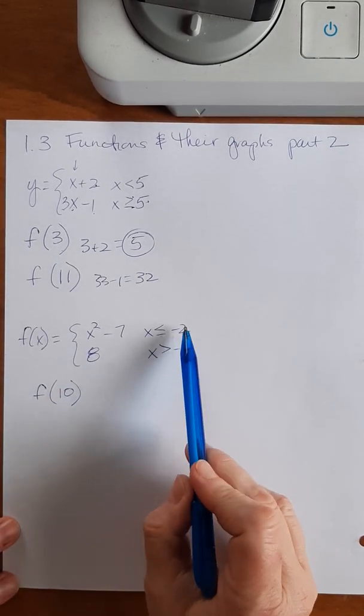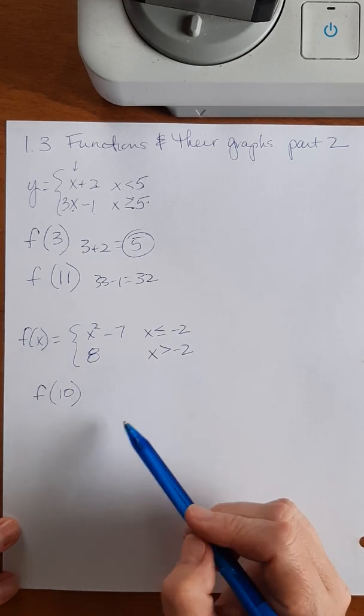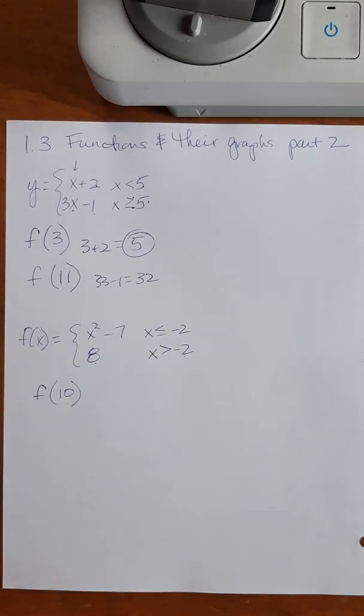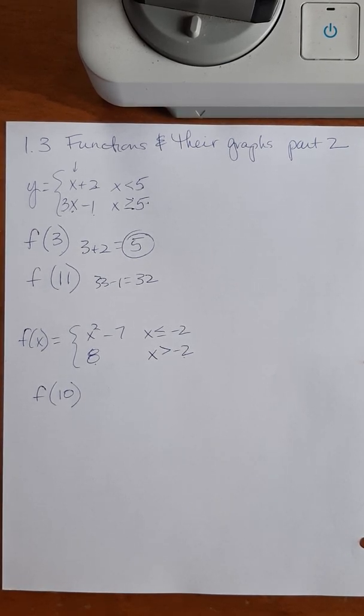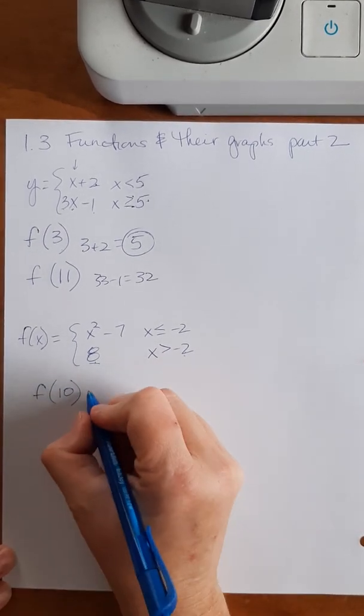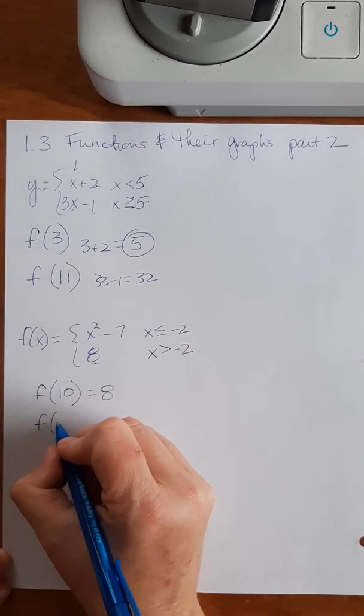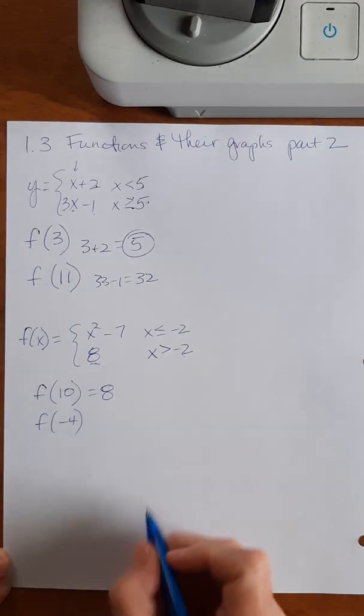Well, is 10 less than negative 2 or greater than? Well, we know it's greater than, so that means plug in the bottom. Well, notice how it's constant. There is no variable for you to plug in. Well, if there's no variable for you to plug in, that just means no matter what, your answer is always the constant.